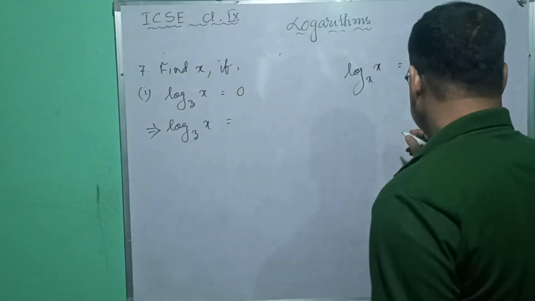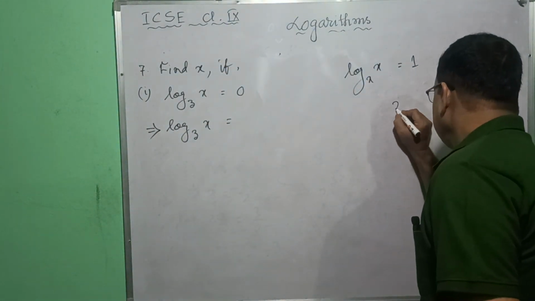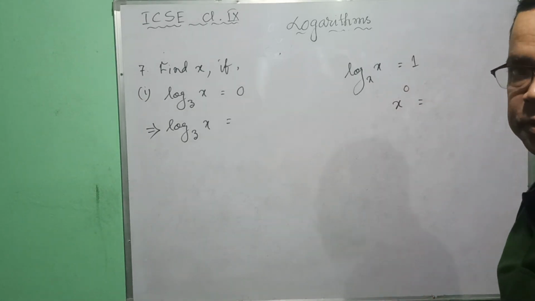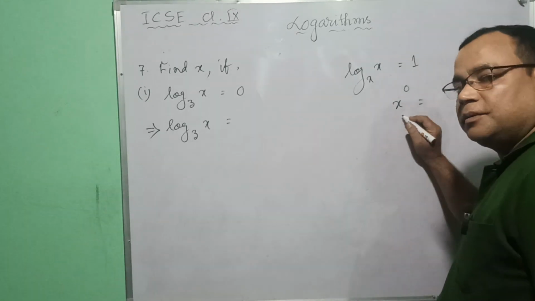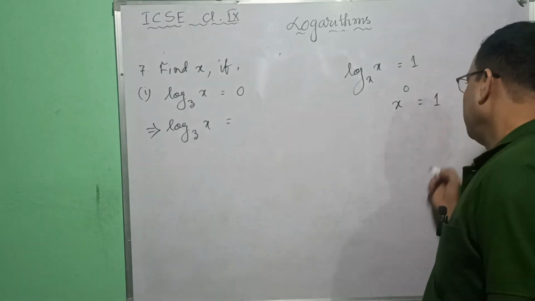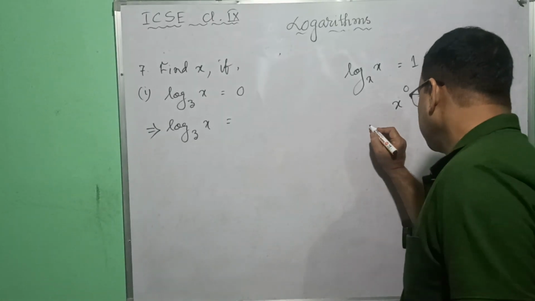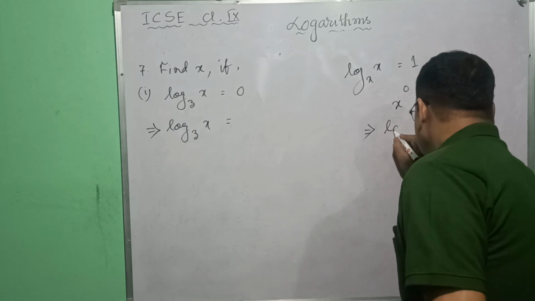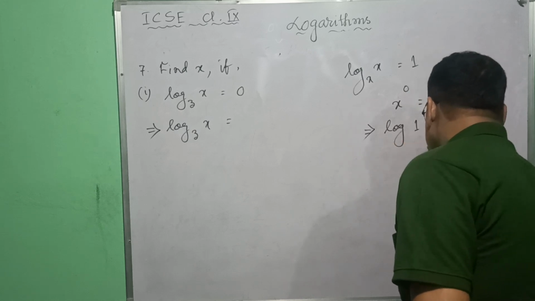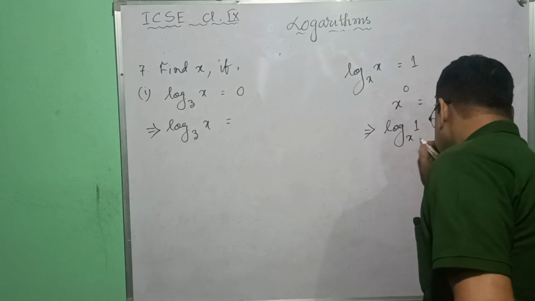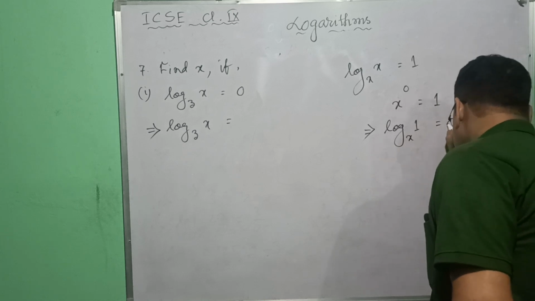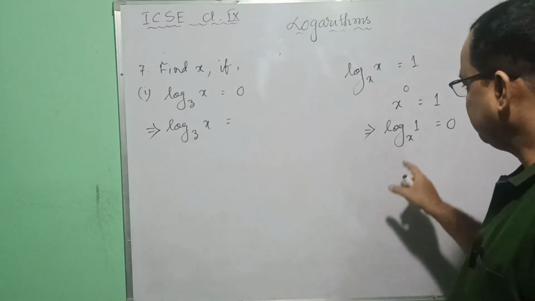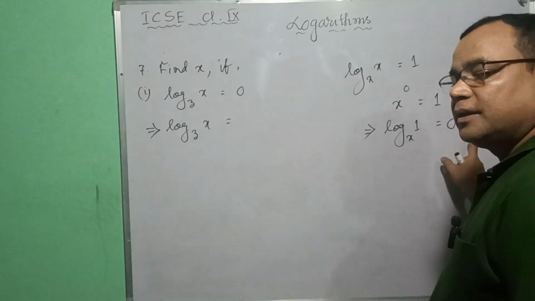Then another example I am giving, suppose we write x to the power 0 equal to, what is the value of x to the power 0? We know that anything to the power 0 is 1, and if we write it in the logarithmic form, then we can write log 1 at base x equal to 0. It means log 1 at base anything, the value is 0.